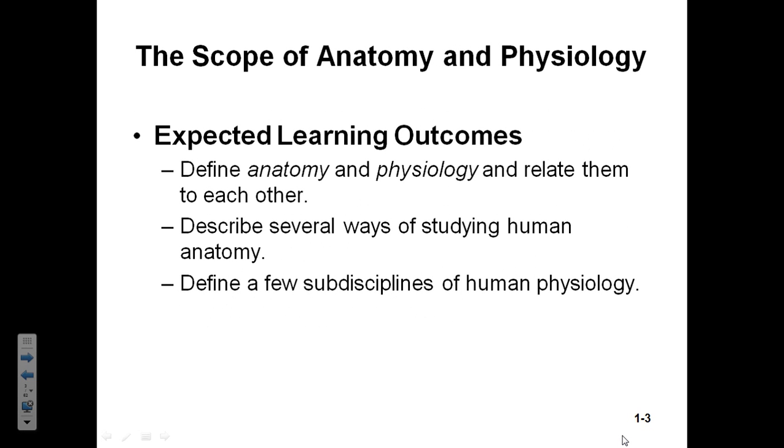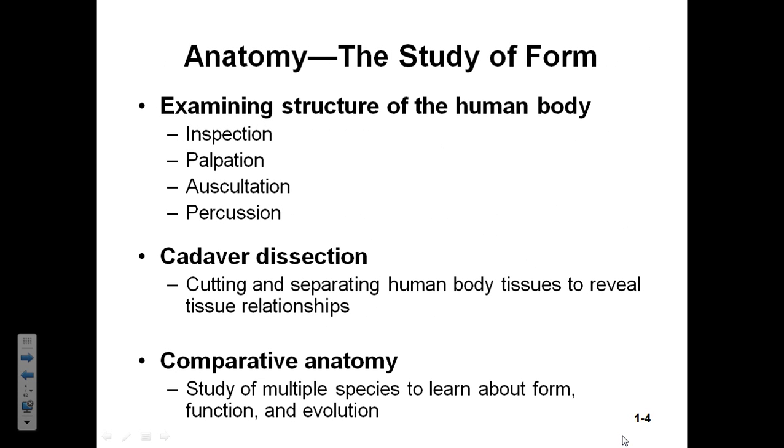All right. So again, these are just some of the learning outcomes we're going to be looking at. Anatomy, look at physiology and the subdisciplines of human physiology. All right. So again, when you see the term inspection, palpation, auscultation, and percussion. What is inspection? Yeah, to look.